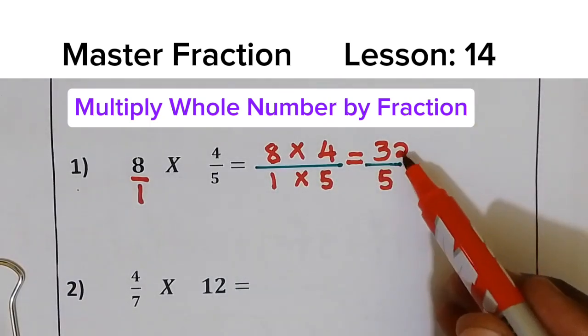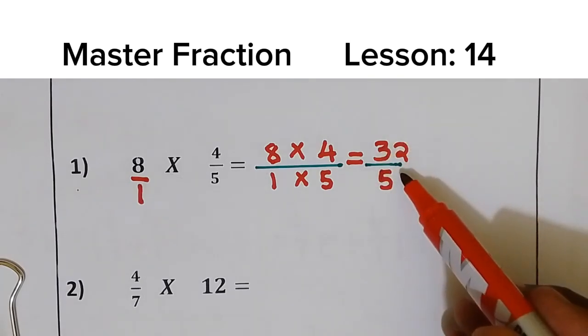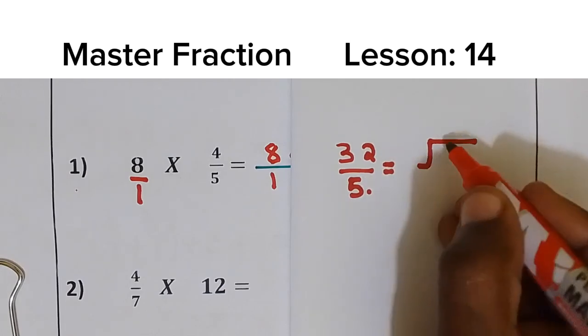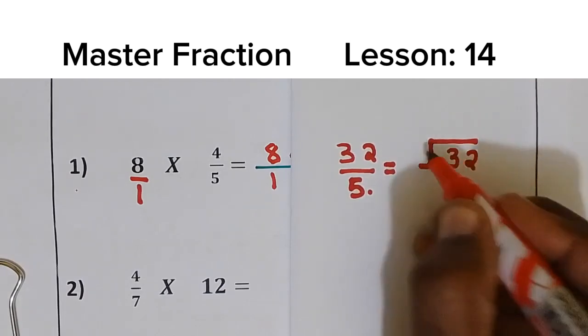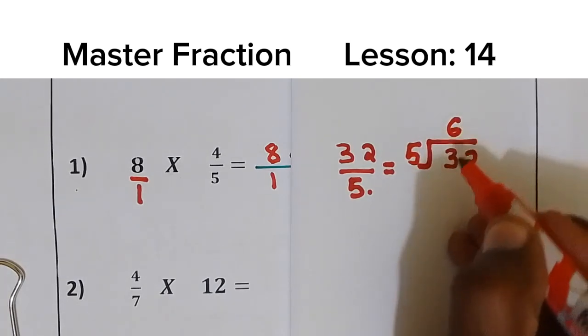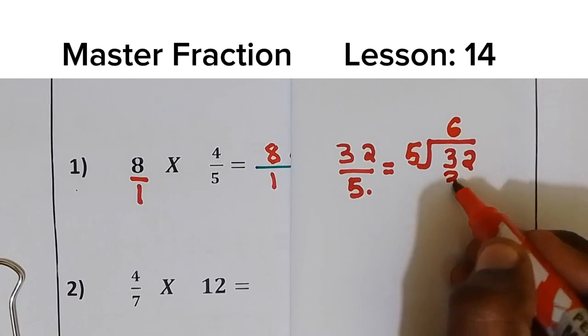Now 32 over 5 is an improper fraction. We need to change this into a mixed number. To change 32 over 5 into a mixed number, we take 32 divided by 5. It goes 6 times. 6 times 5 is 30.